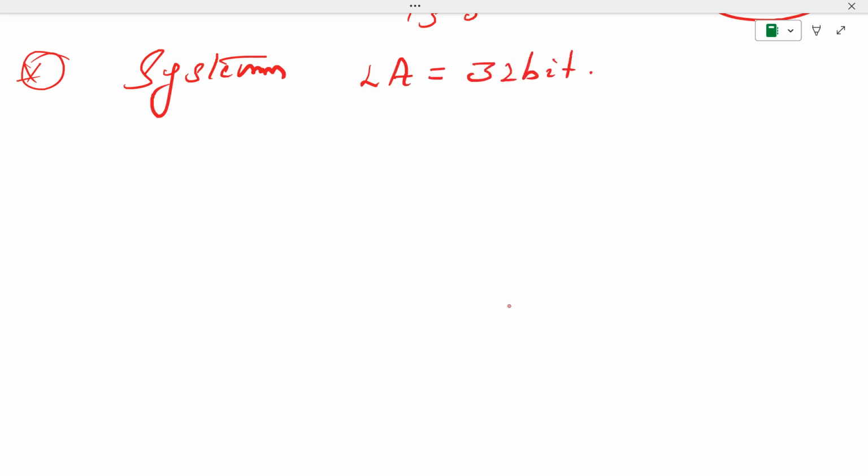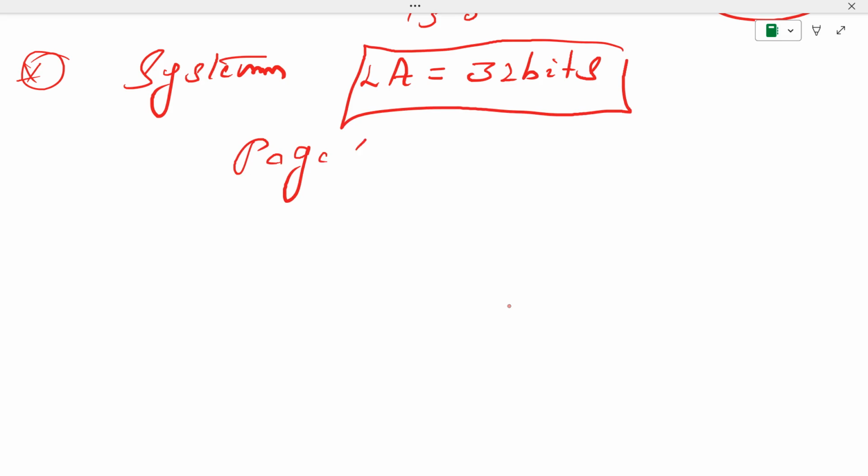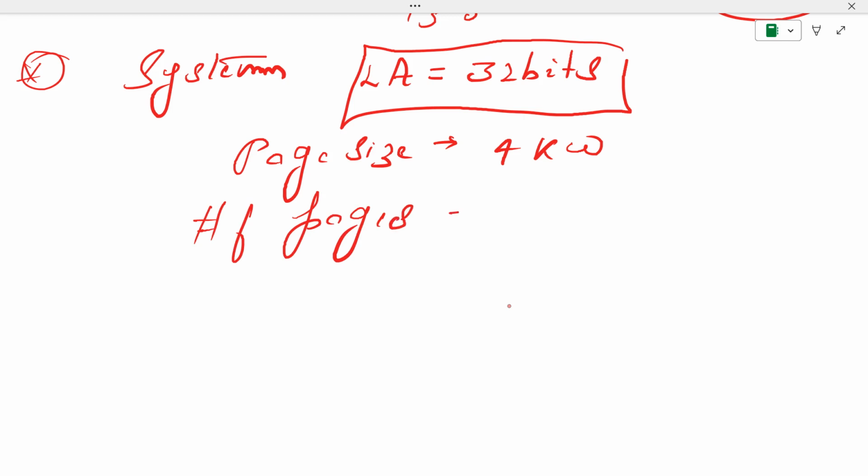And we have the page size that is equal to 4 kilowords, okay? From here we can find the number of pages. So the number of pages equals LAS upon page size.